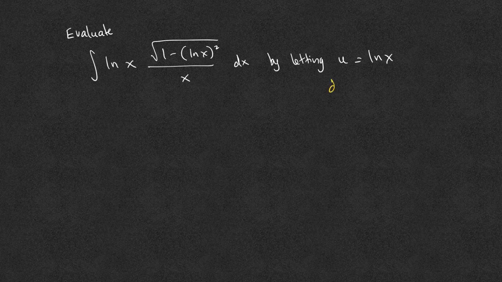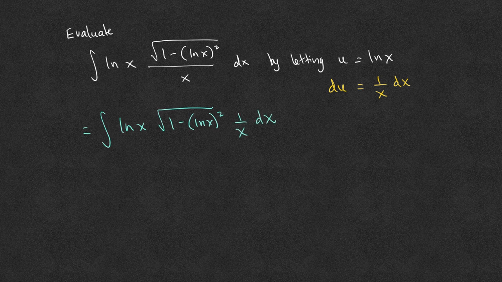First, the differential du is 1 over x dx because the derivative of ln x is 1 over x. We then rewrite this integral as the integral of ln x times the square root of 1 minus (ln x) squared, where ln x is being squared only, times 1 over x dx.